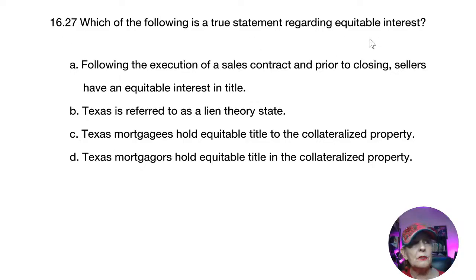Number 27, which of the following is true about equitable interest vocabulary? A, following the execution of a sales contract and prior to closing, sellers have an equitable interest in title.